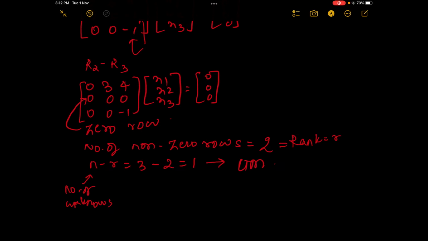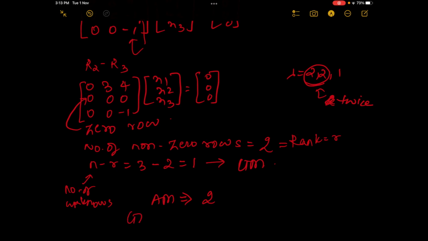Now we're talking about AM. AM is basically how many times the eigenvalue is getting repeated. Here we had lambda equals 2, 2, 1, so 2 is getting repeated twice. That means the value of AM is equal to 2.